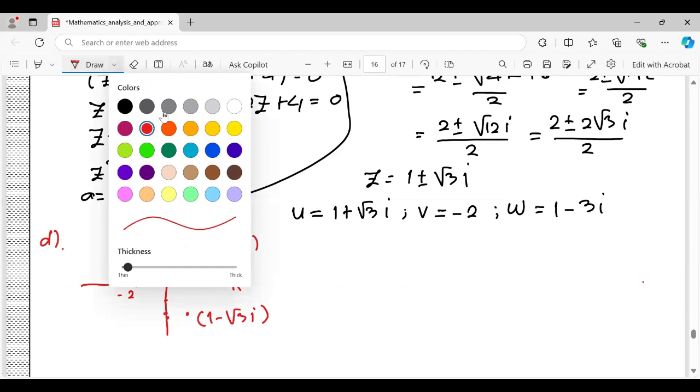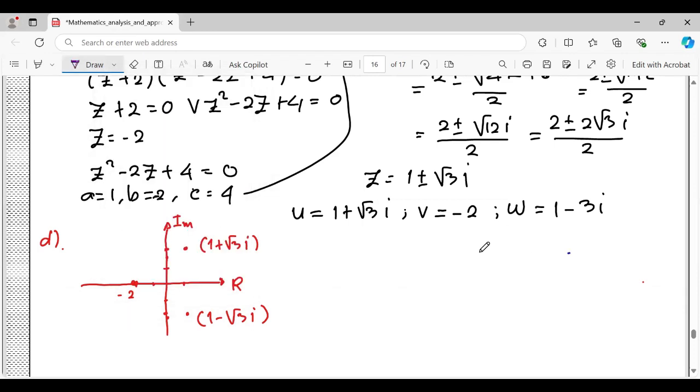And I will create a triangle. Okay, after that we're gonna calculate the area of this triangle. Okay, so this is U, this is W, this is V. Okay, area UVW equals half times base times height.